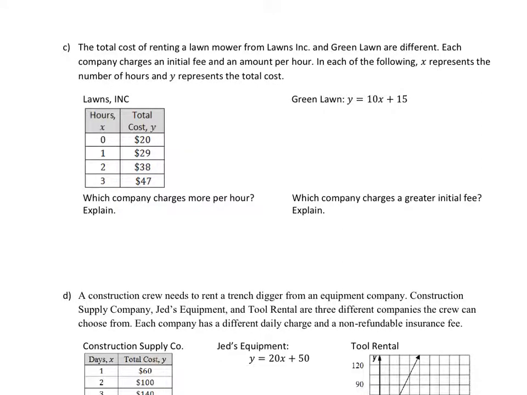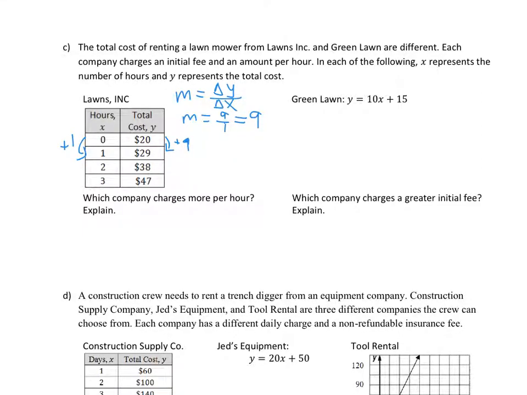So pick any 2 points. I'll pick the first 2. Our slope is going to be change in y over change in x, which would be, I have plus 9, and here plus 1, so 9 over 1, which equals 9. Our y-intercept, I would say plug it into your y equals mx plus b formula.